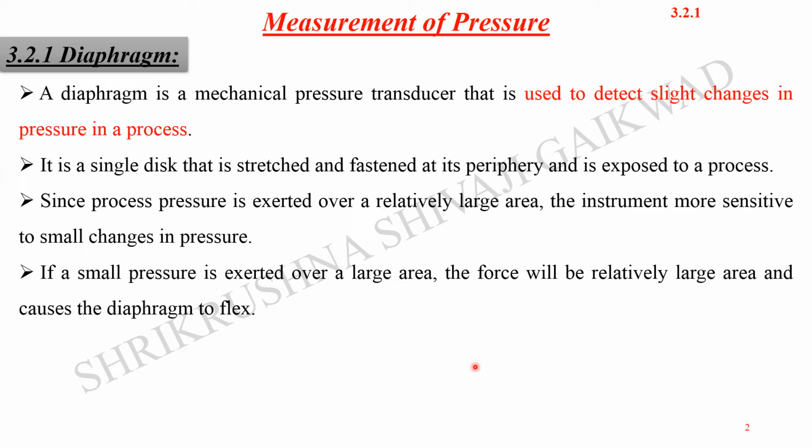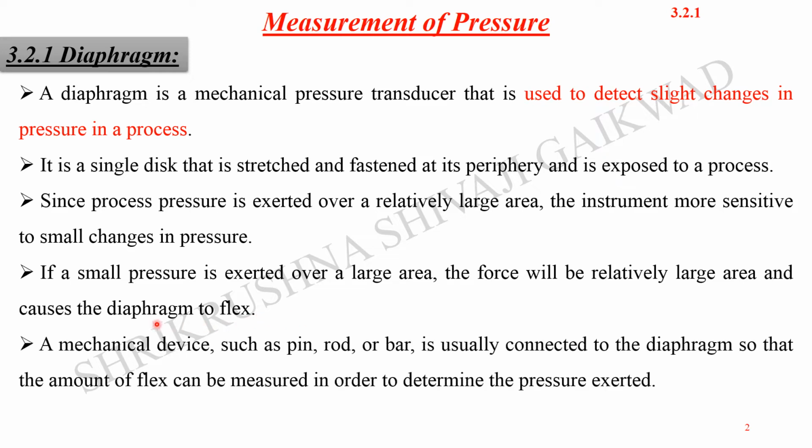On the other hand, if a small pressure is exerted over a large area, the force will be relatively large, and causes the diaphragm to flex or bend. A mechanical device such as a pin, rod, or bar is usually connected to the diaphragm, so that the amount of flex can be measured in order to determine the pressure exerted.